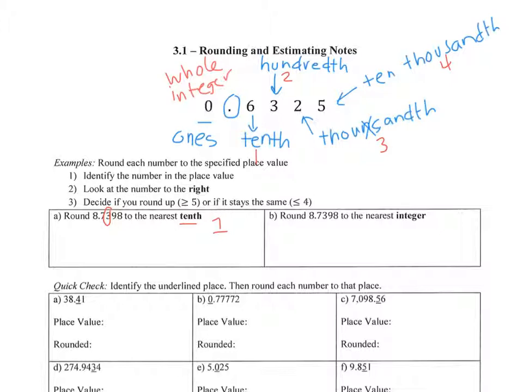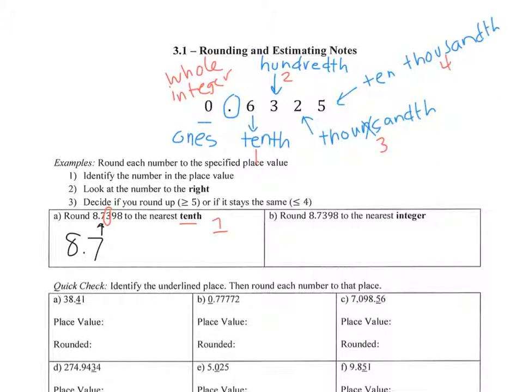So decide if you round up or if it stays the same. 3 is less than 5. Numbers that are 5 or more, you're going to round up. So this 3 is less than 5, so I'm going to keep 8 point, and now I'm rounding to 1 decimal, so this is 7. The number to the right, which is 3, is lower, so 8.7 is my answer.